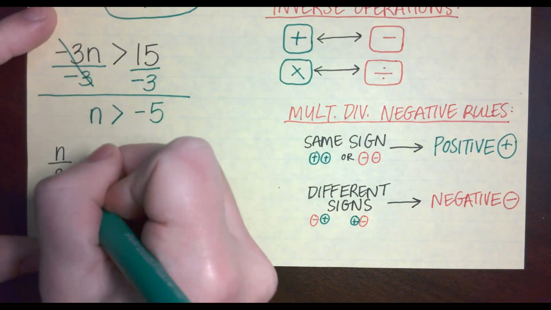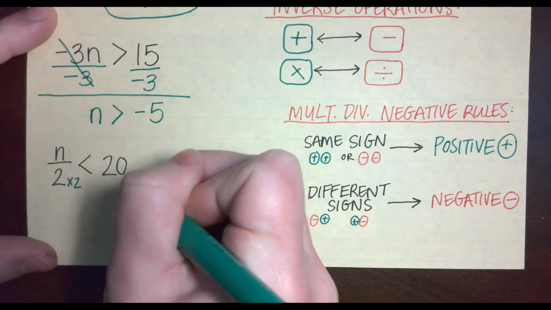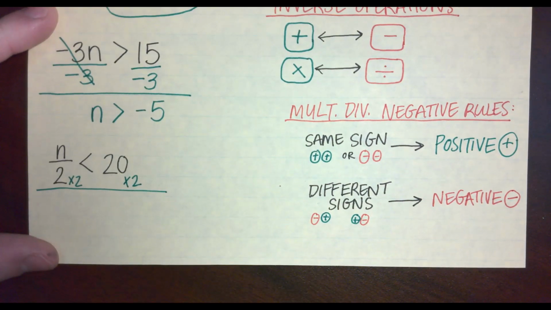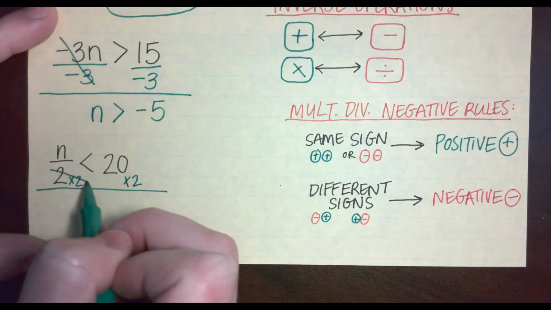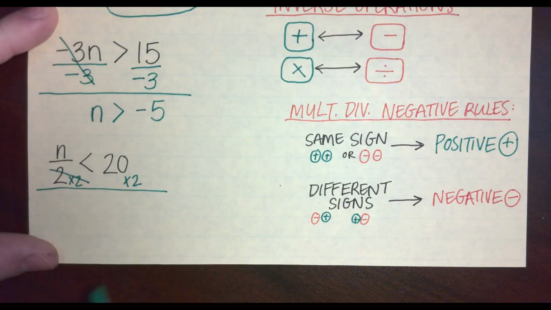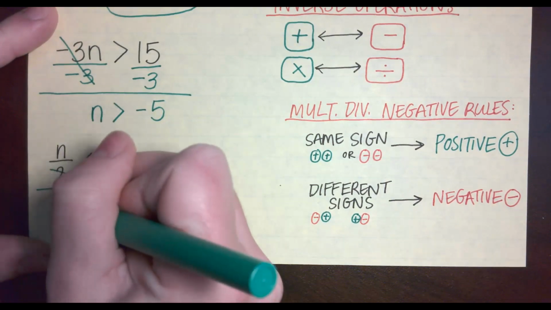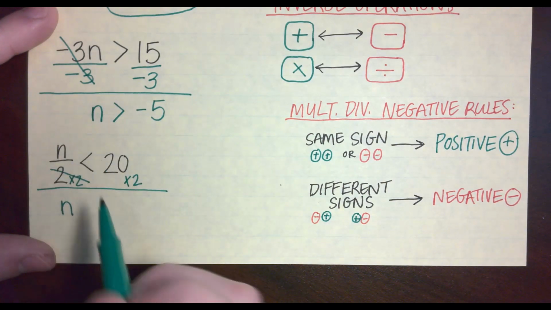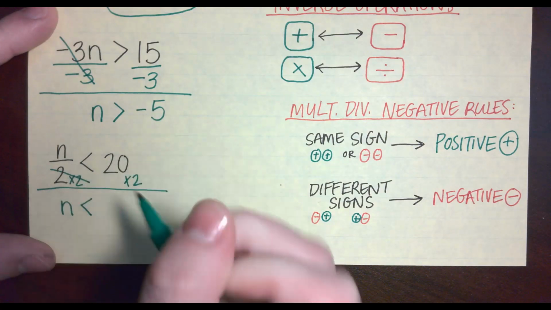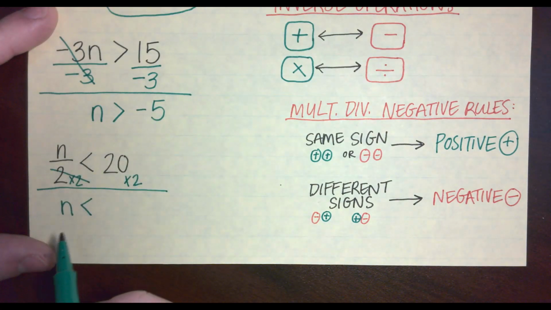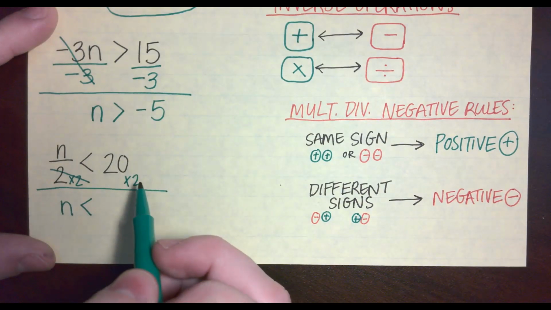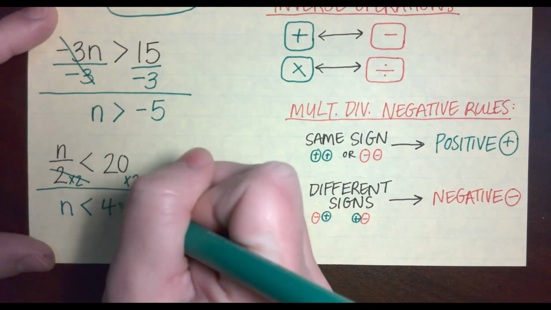So I'm going to multiply both sides of the inequality by 2. My 2's on this side are going to cancel, which leaves me with n by itself. And what do I do next? The less than, yes, so n is less than what? Yes, 20 times 2 is 40.